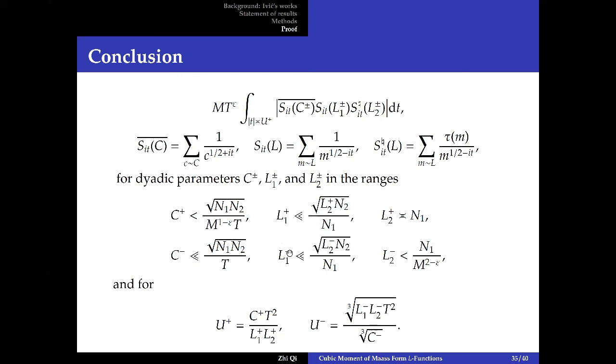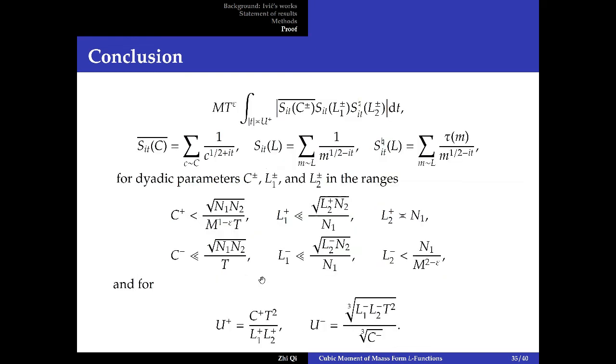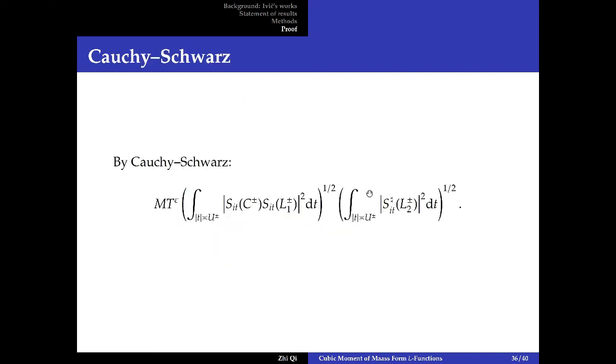This is what we have already done. You have some conditions, and the U will look like this, but you can just ignore all of this. Then we do Cauchy-Schwarz, and we have this expression. So you have the square root of two integrals.